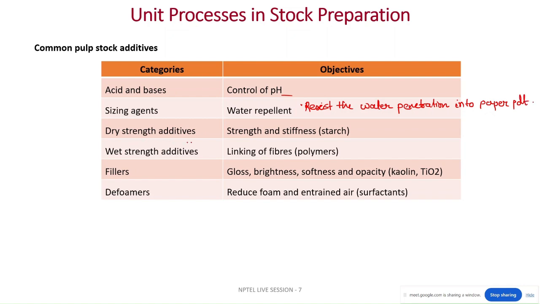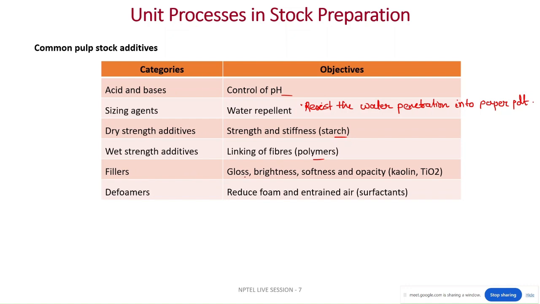Dry strength additive. So this is for strength and stiffness. The objective is to improve the strength and stiffness. We are using starch and wet strength additives to link the fibers among themselves. We are using different kinds of polymers for that. Fillers.